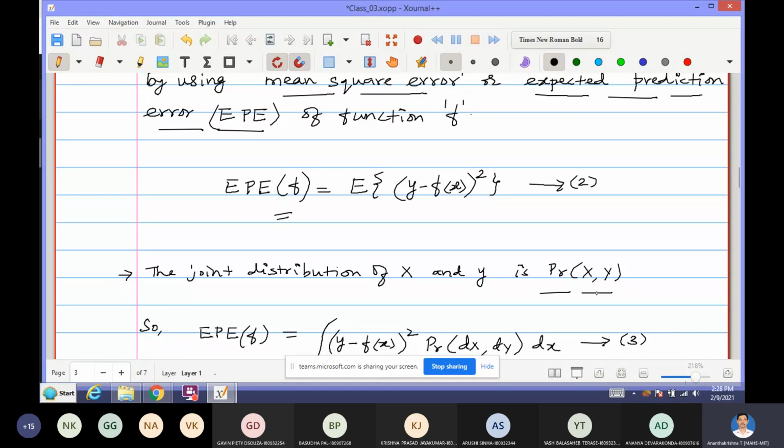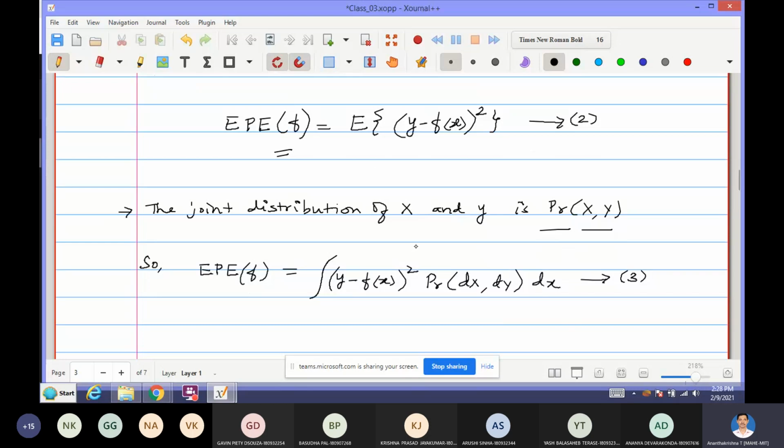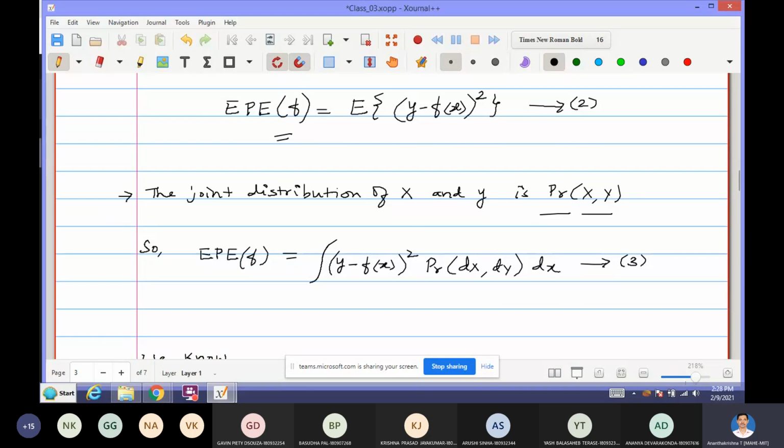Using this, we can write the expansion for this expectation using the definition of expectation, that is the integration, from minus infinity to plus infinity.